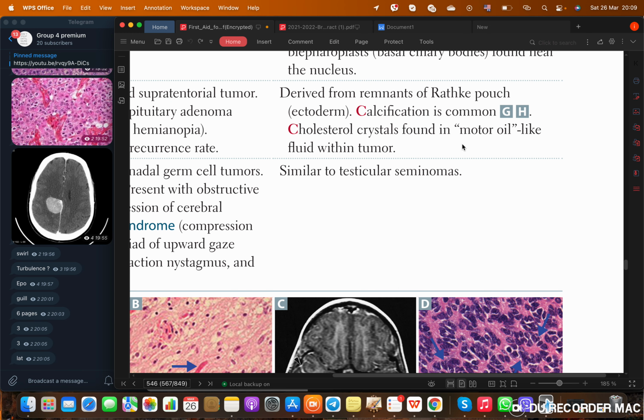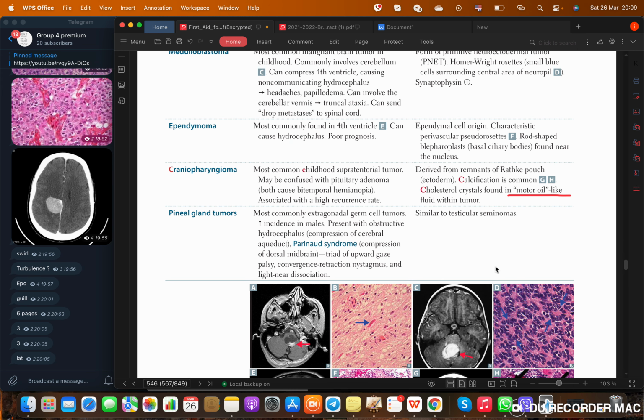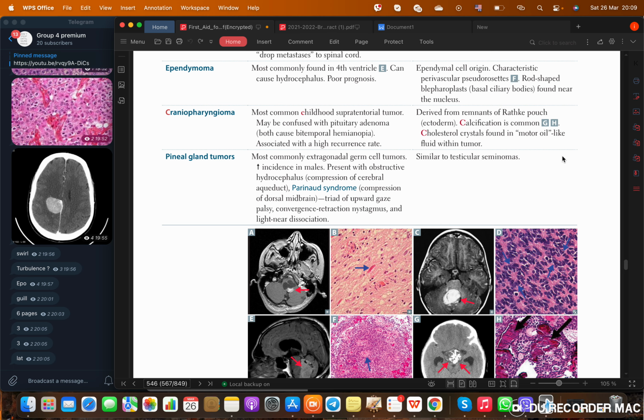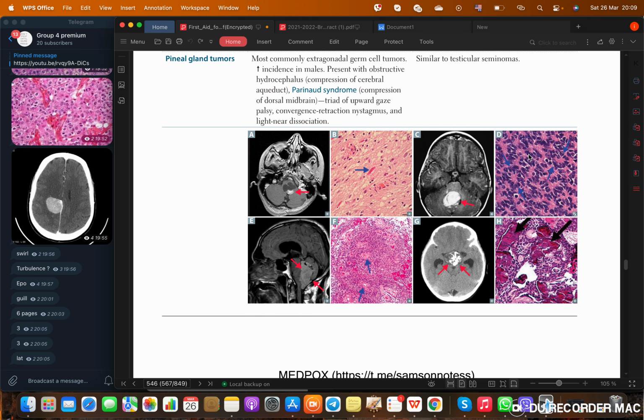So cholesterol crystals can be found, and they can have this motor oil fluid inside of them. Motor oil fluid, craniopharyngioma. How I like to think about it: since it comes from the oral ectoderm, it must have teeth in it, so calcification. Since it comes from the oral ectoderm, it must have saliva in it, so the motor oil stuff. I don't know, it's just my idea of memorizing it.